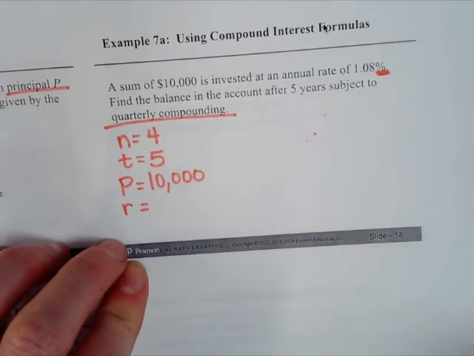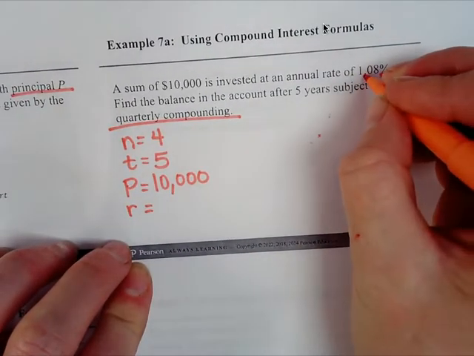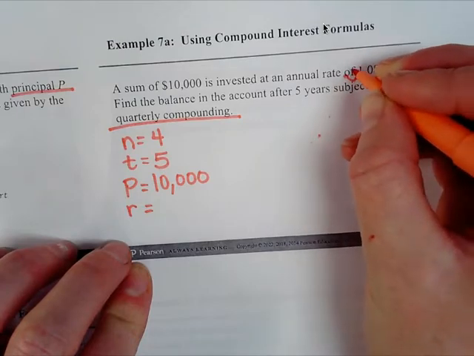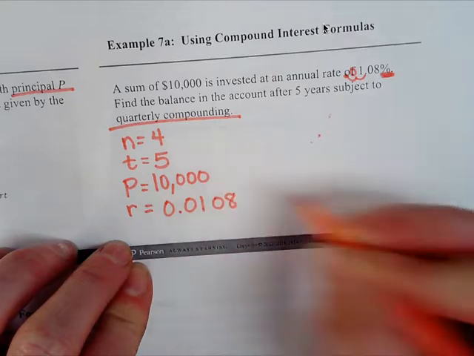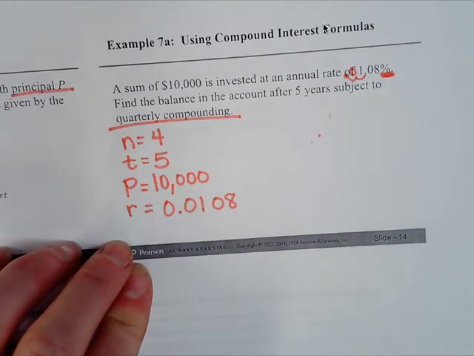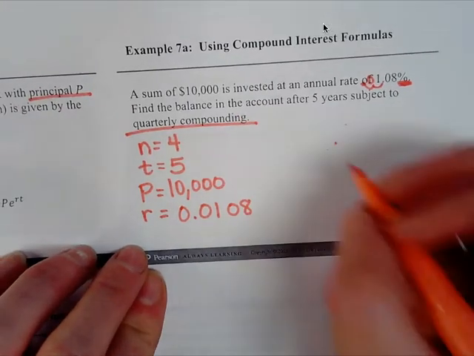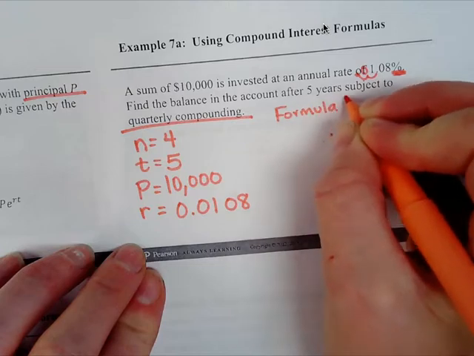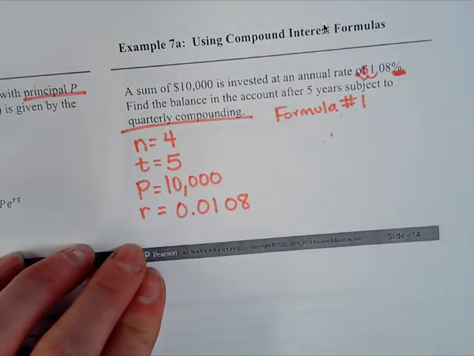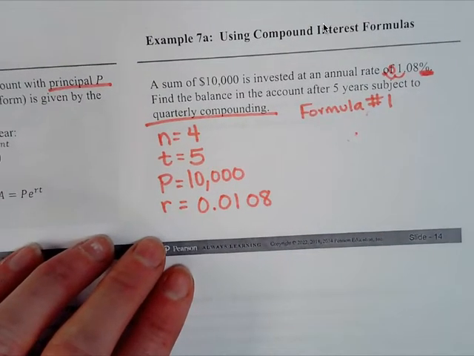So how do we convert that to a decimal? 0.0108. And this is compounded quarterly, so we're going to use formula number 1. It's not compounded continuously.